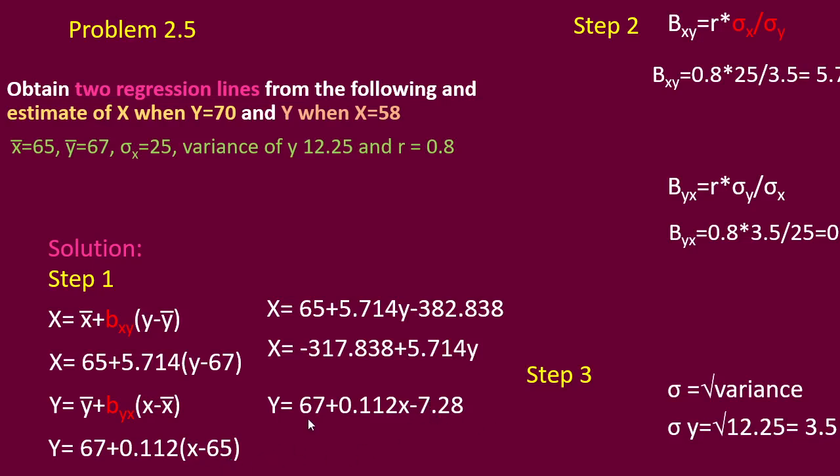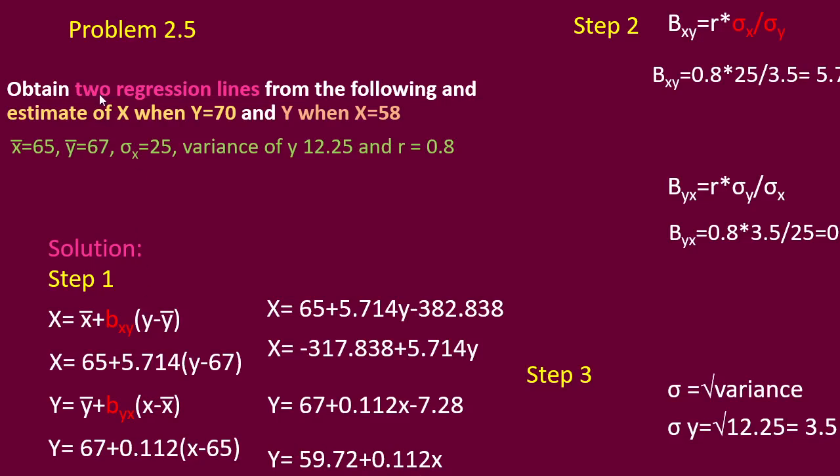So now we have two numbers, 67 and minus 7.28. We can simplify these two: 67 minus 7.28 is 59.72, plus 0.112x as it is. We cannot simplify this equation further, so I'll keep it as it is.